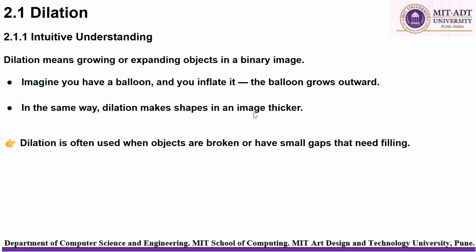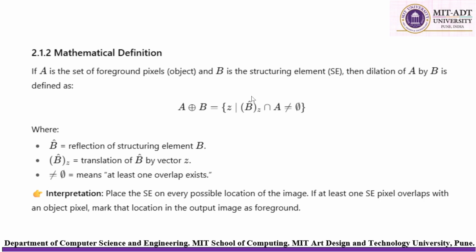If you perform dilation on the image, whatever contents the image has become thicker. Dilation is often used when objects are broken or have small gaps that require filling. I need to fill those gaps, so whenever such a scenario arises, we perform dilation. This is because dilation will make the objects thicker.